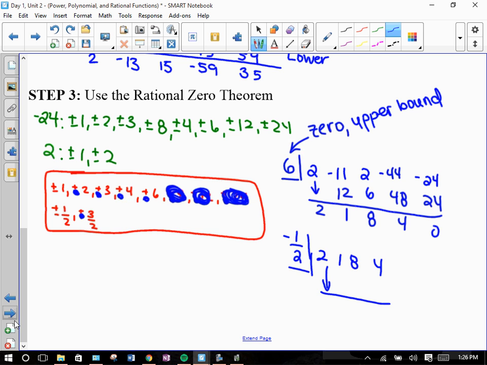Negative 2 down, negative 1 times 2 is going to be negative 1, 0, 0, 8, negative 4, 0, 2, 0, 8, 0. Notice, alright? We have both our zeros. Alright?